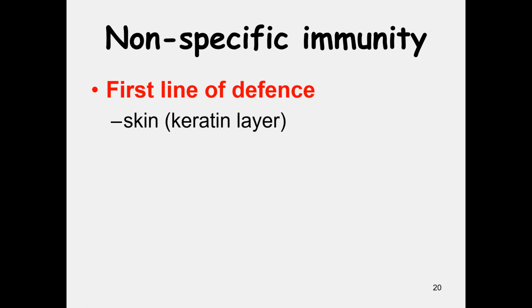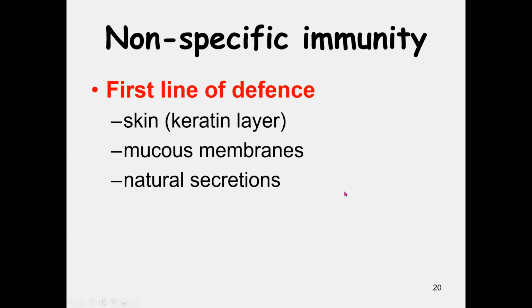They don't have keratin. It's only the outside, and it's a protective layer. We have mucous membranes. So in the nose, the mouth, the vagina, the rectum, they all have mucus, and that's also a layer of protection to prevent entry into the body, that is.